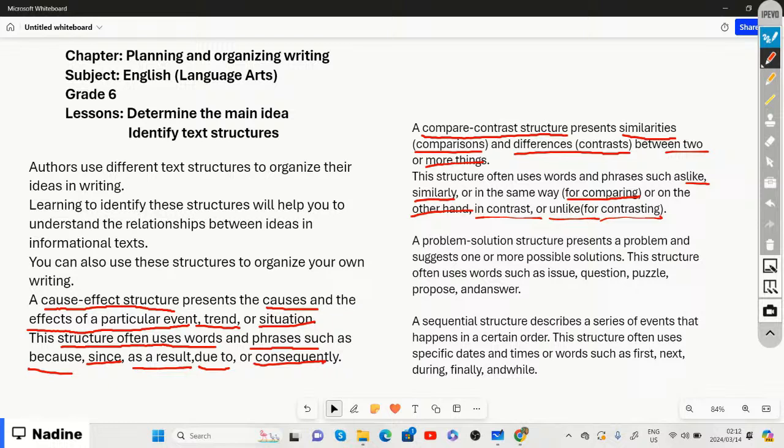Then we have another type of structure, which is a problem solution structure. A problem solution structure presents a problem and suggests one or more possible solutions.